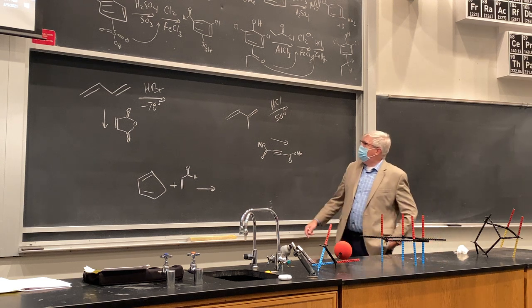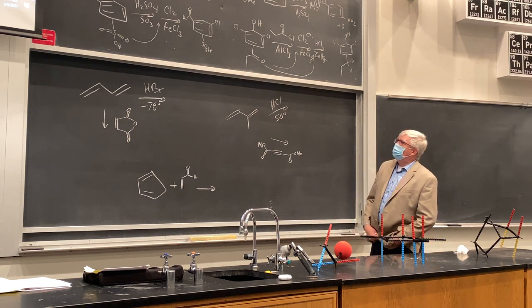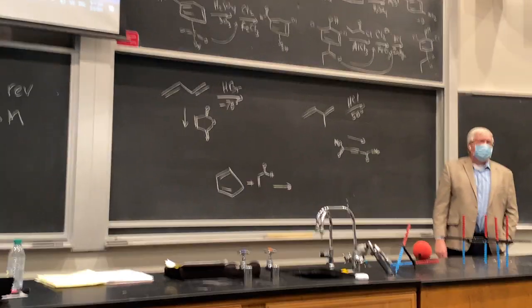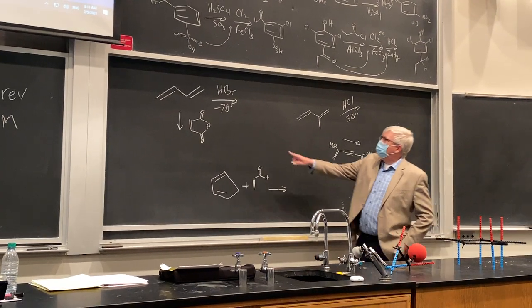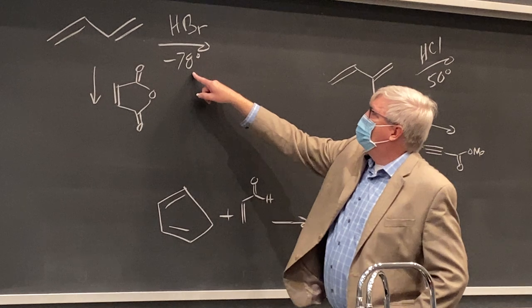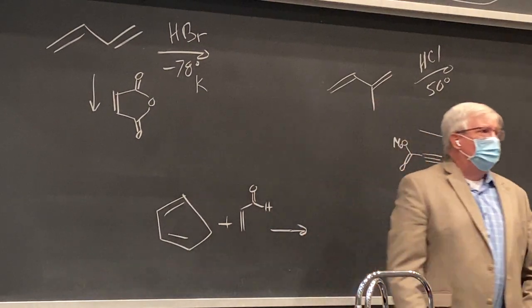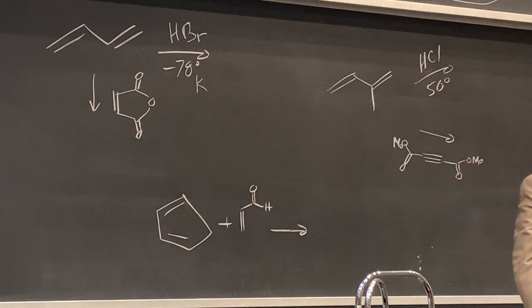That's good. Here's some going back to chapter 16, I think. So the 1,2 and 1,4 addition to butadiene and the Diels-Alder reaction. We've got a couple here. So butadiene, low temperature. So we're in the kinetic mode here. We've got to protonate one of the end carbons to give the most substituted allylic cation.